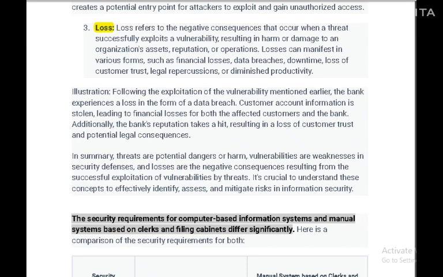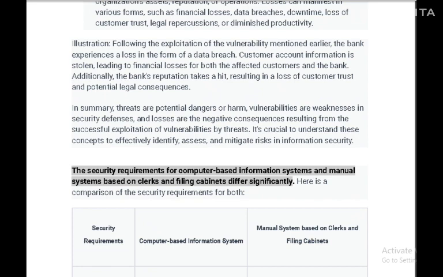We can describe the loss as the account information being stolen, leading to financial loss for both the affected bank and customers. Additionally, the bank's reputation takes a hit, resulting in a loss of customer trust and potential consequences.